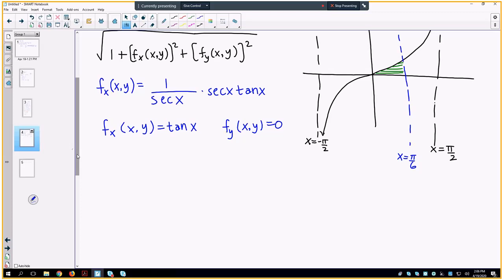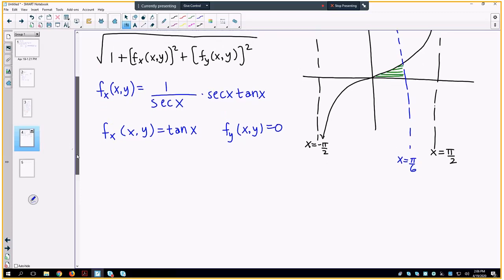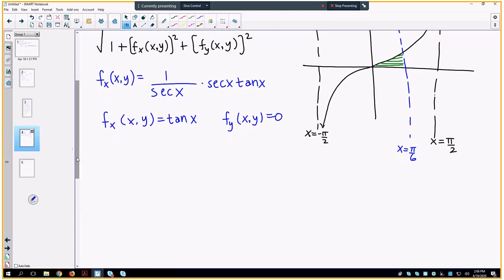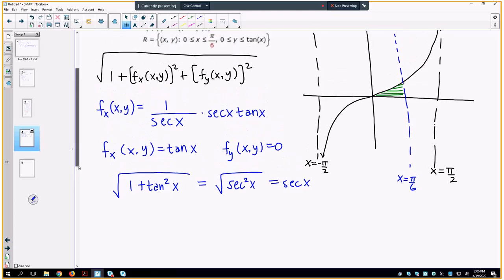So then this square root just becomes the square root of 1 plus tangent squared, which is the square root of secant squared, which is secant of x. So now I think I'm ready to set up my integration.